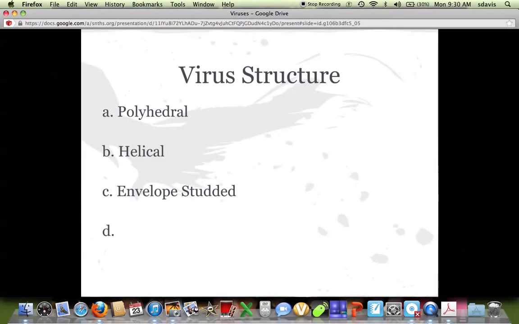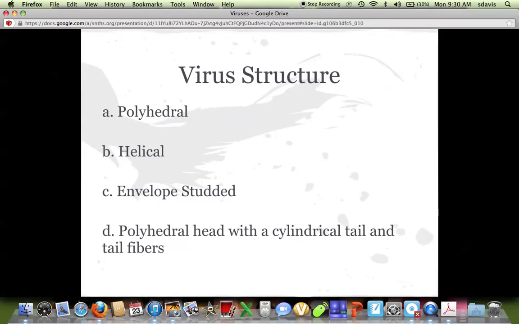Third is an envelope studded, and an envelope studded virus is one that has an extra structure that surrounds the capsid and has little spikes on it. And fourth, you have a polyhedral head with a cylindrical tail and tail fibers.